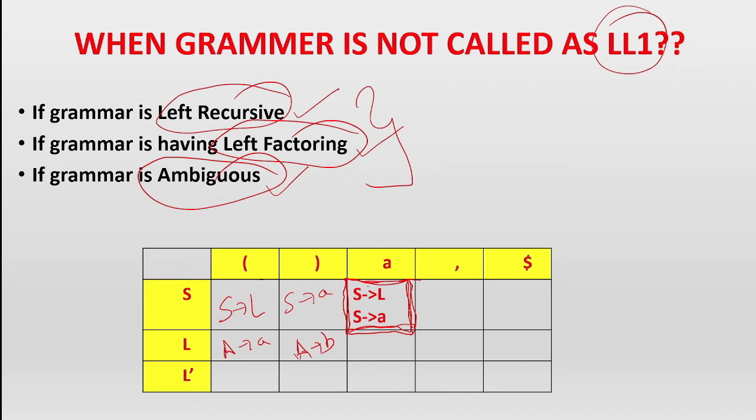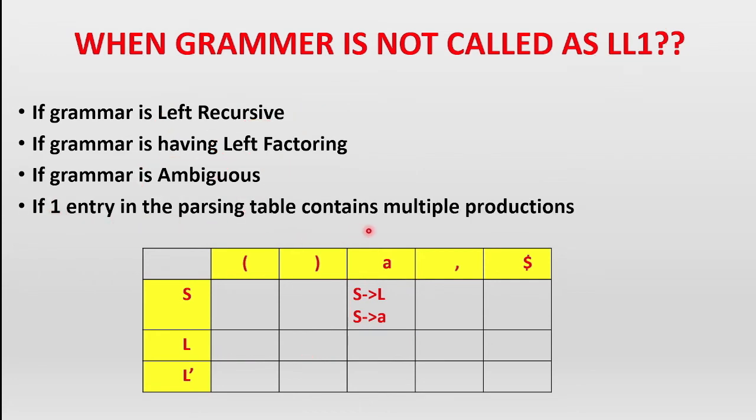If two productions are coming in the same cell, then you should know that it is not LL1. So if one entry in the parsing table contains multiple productions, now here inside this a cell there are two productions, S goes to L and S goes to a. So when more than one production is coming inside one cell, you call it what? It is not an LL1 grammar.